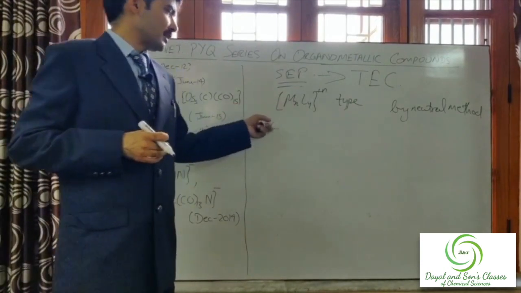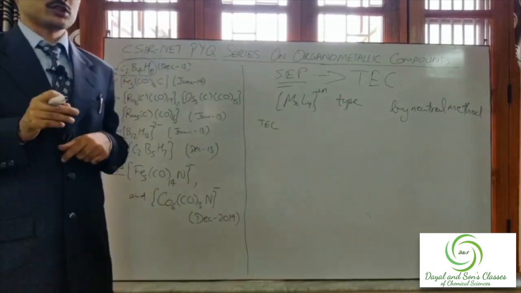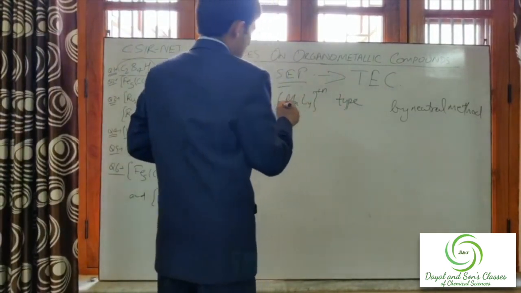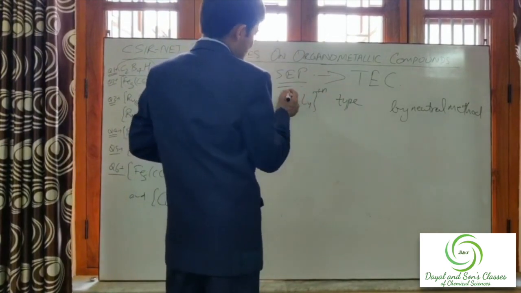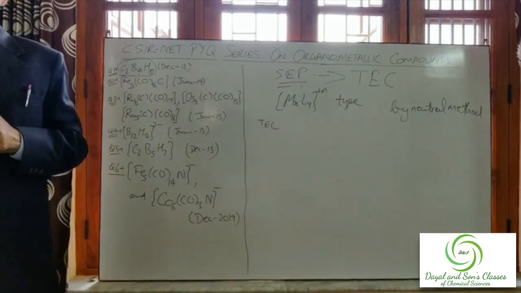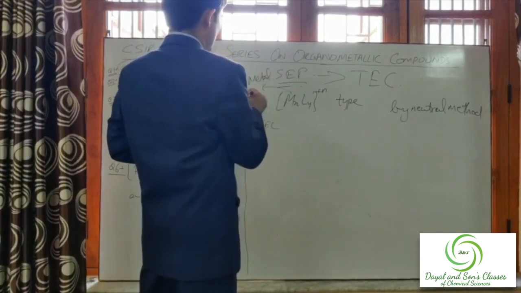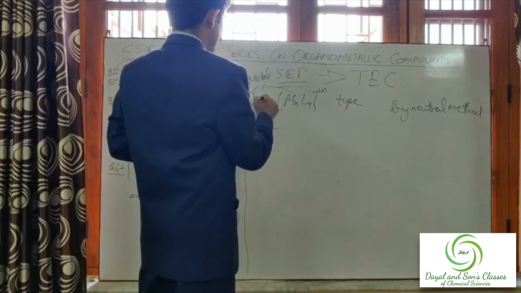Now, in order to calculate the total electron count for this type of complex by the neutral method, what should we know? We should know the total number of valence electrons of the metal M, where M is the central metal atom, or it can be a non-transition element.